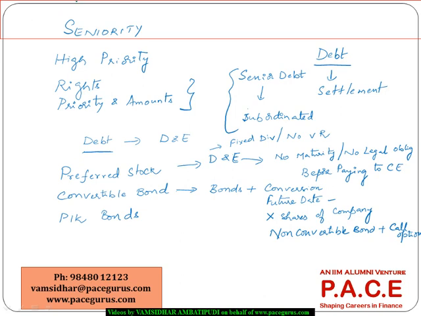Then similarly, a third kind of instrument that comes in this category is the PIK bond, payment in kind. Here, the regular interest payments do not happen, rather they increase the par value. So the interest that has to be paid at regular intervals is getting accumulated and increasing the par value.